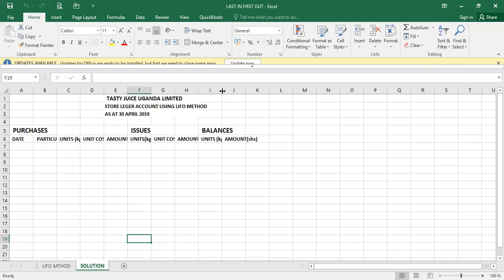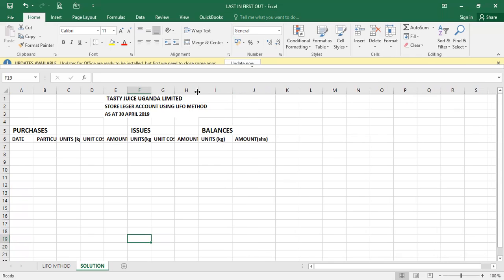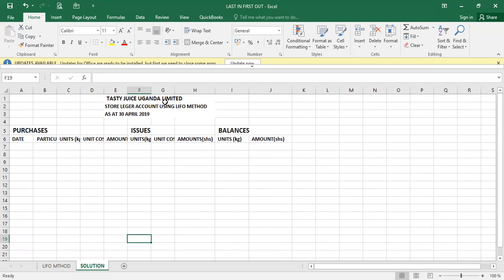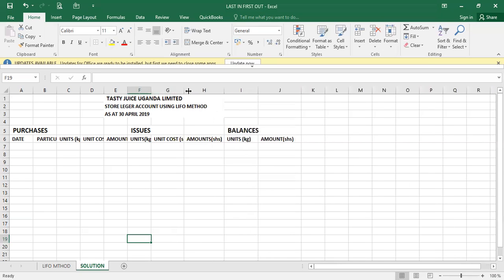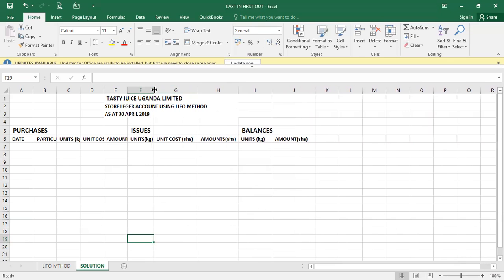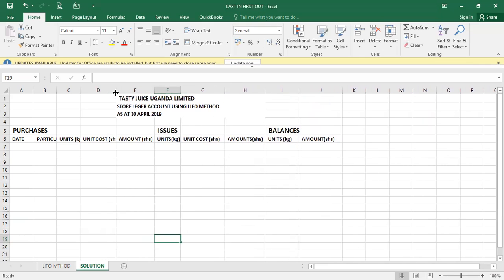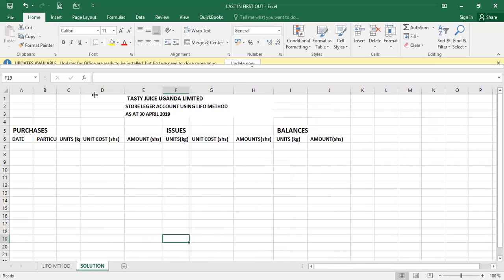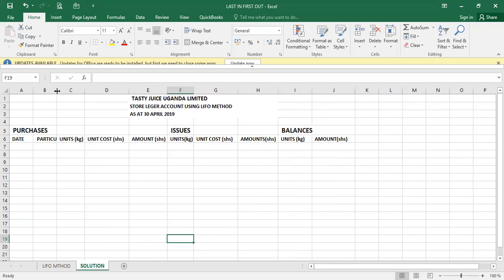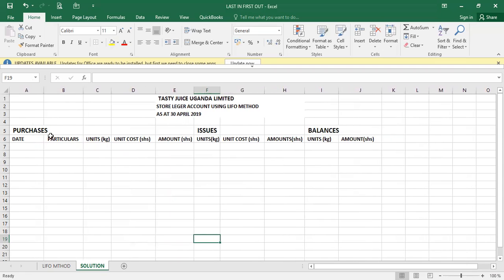So we can add just here to get a clear view of the units. Okay, let's start.